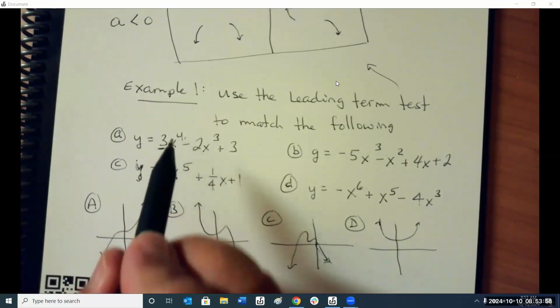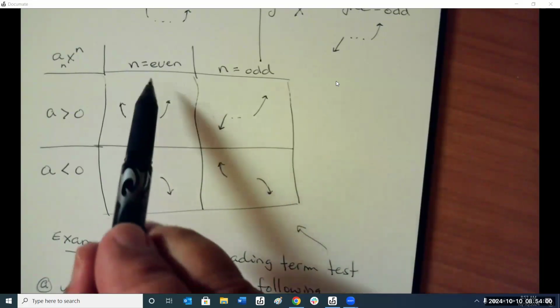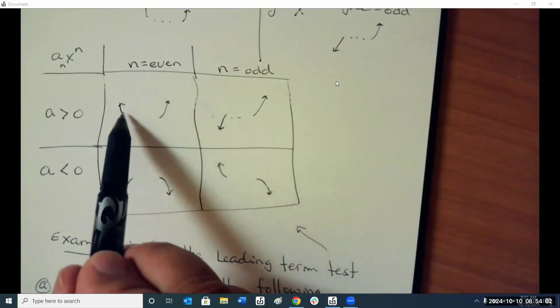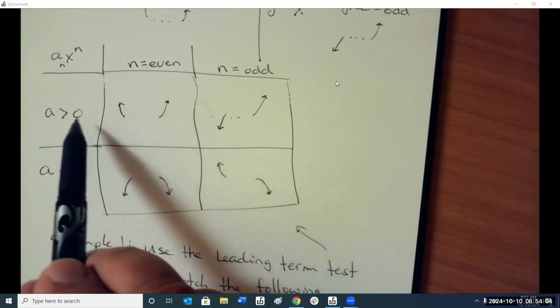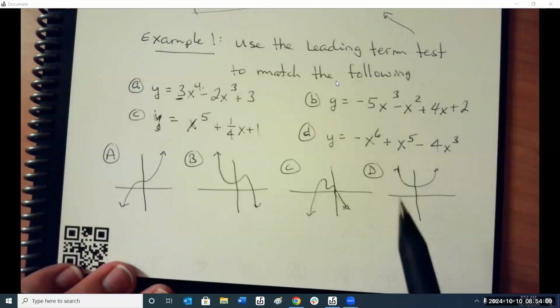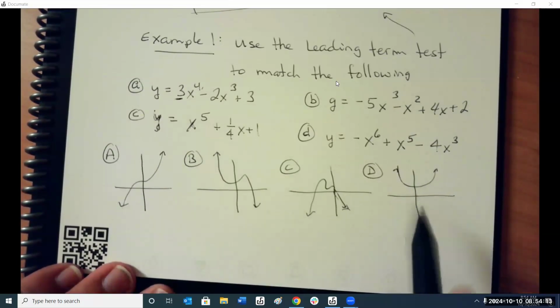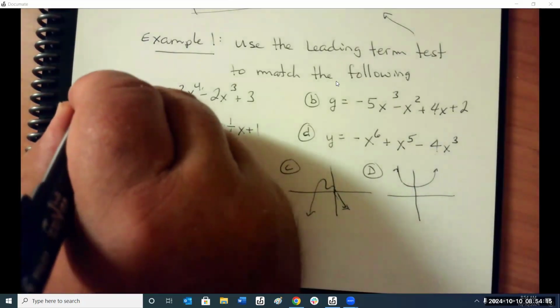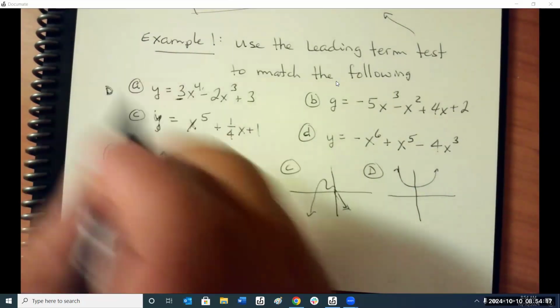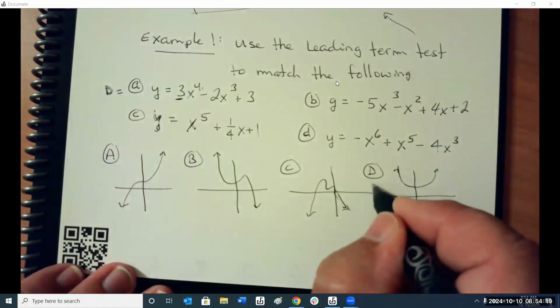The degree is even, so both ends point the same direction, and it's going up since A is positive. So which one of these do they both go the same direction and both up? So it's D.